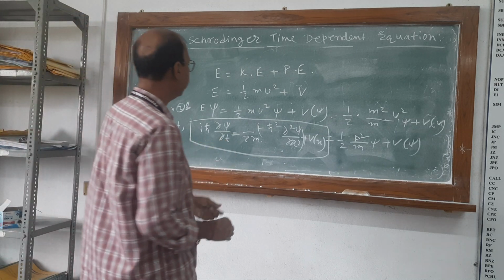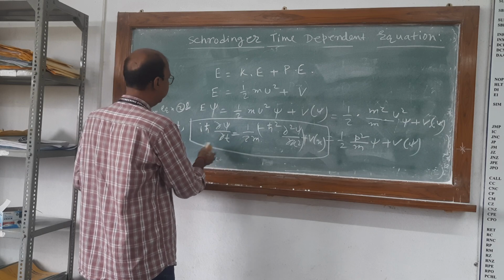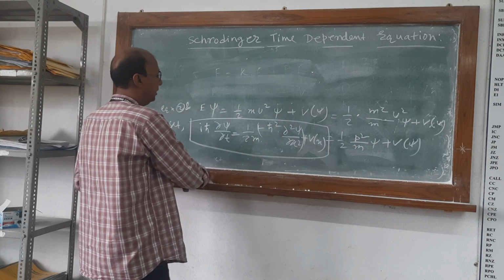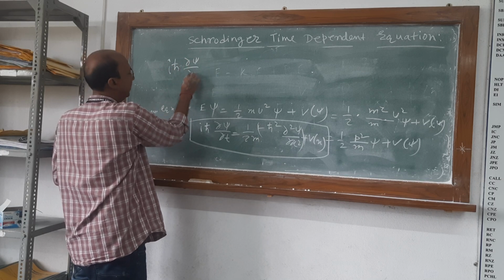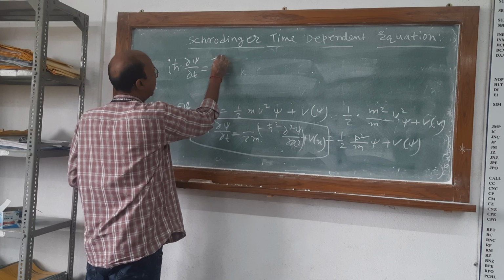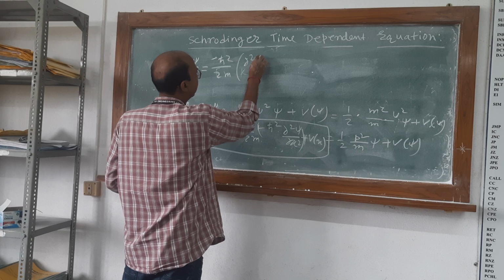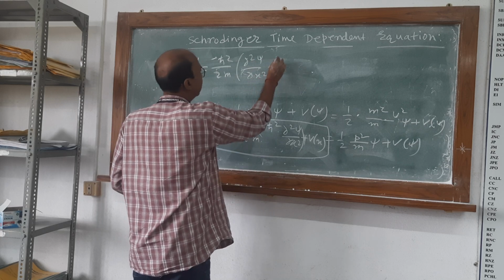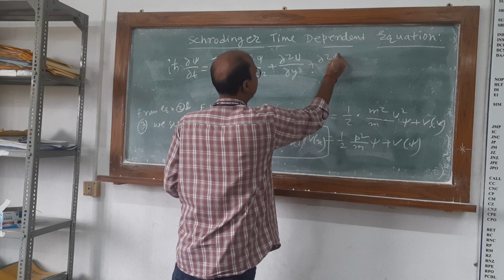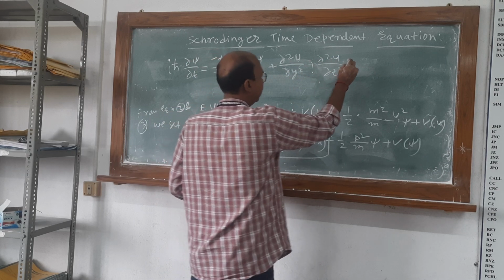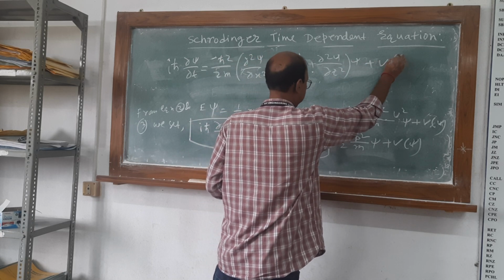Now in the case of three dimensions, it becomes i h cut del psi by del t equal to minus h cut squared by 2m times (del squared psi by del x squared plus del squared psi by del y squared plus del squared psi by del z squared) plus V psi.